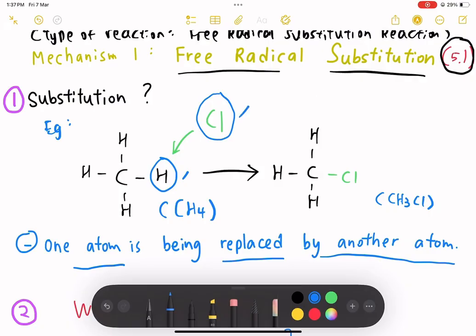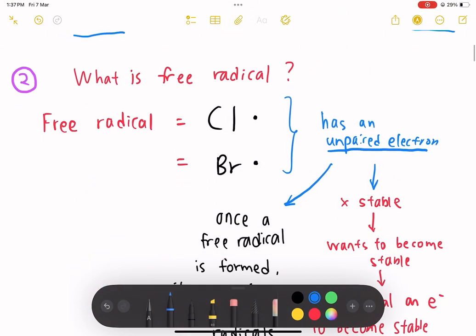Next, we need to know what a free radical actually means. Here we have 2 examples. One is Cl with this dot, another one is Br with this dot. What does this dot mean? This dot is an unpaired electron. Normally a bond is formed when there are 2 electrons. So when there is only 1 electron, no bond is formed.